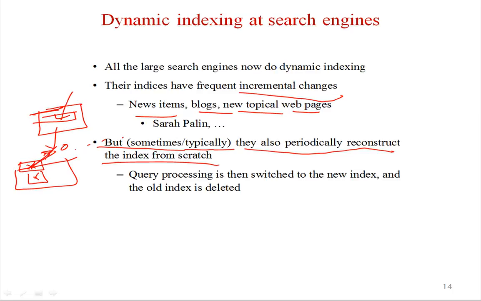So to handle such problems, we require periodic reconstruction of the index from scratch. So dynamic indexing is dynamic in operations, but it requires some static operations also. Query processing is then switched to the new index and the old index is deleted.